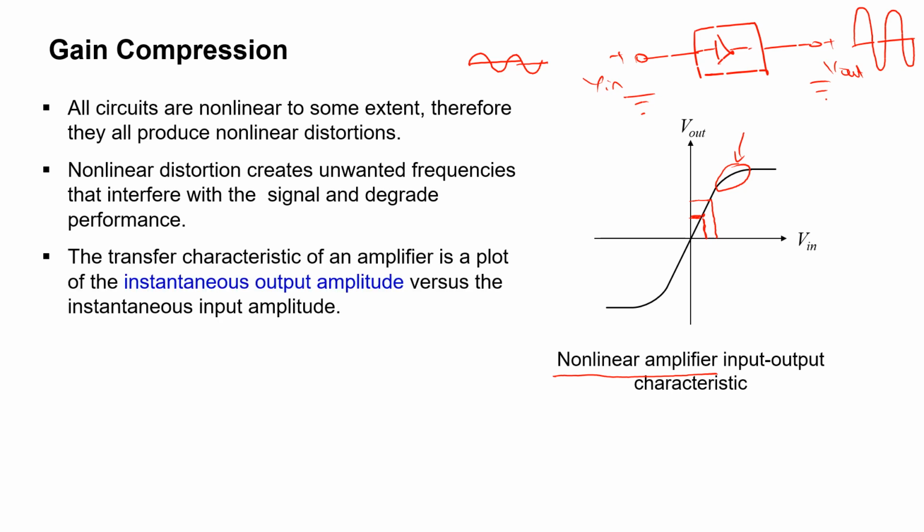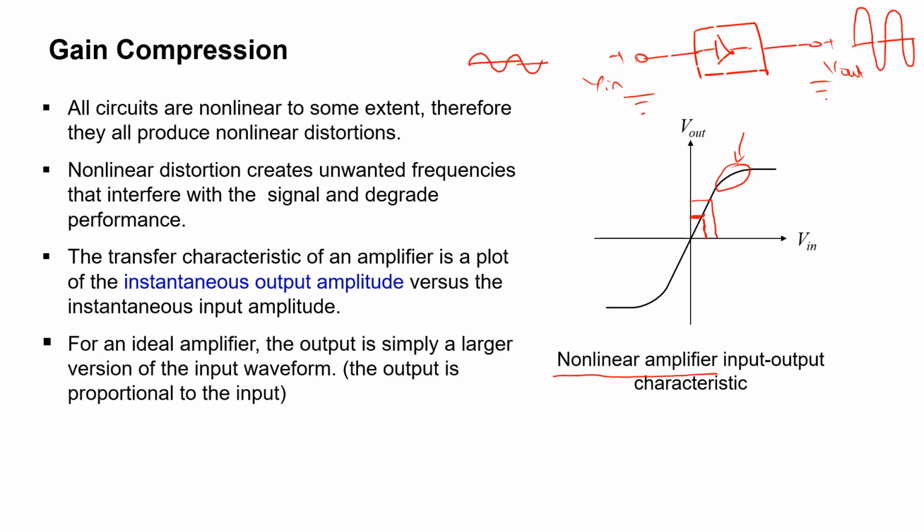The transfer characteristic of an amplifier is a plot of instantaneous output amplitude versus instantaneous input amplitude. For an ideal amplifier, the output is simply a larger version of the input waveform. The output is proportional to the input.